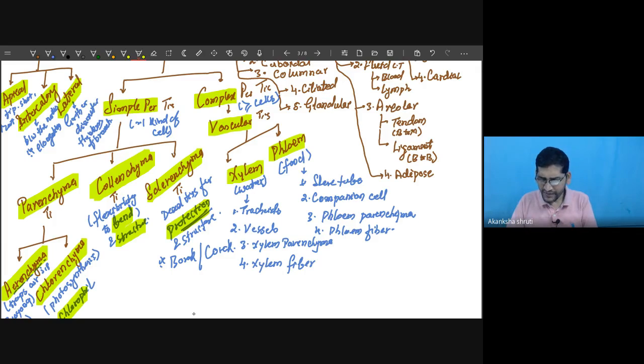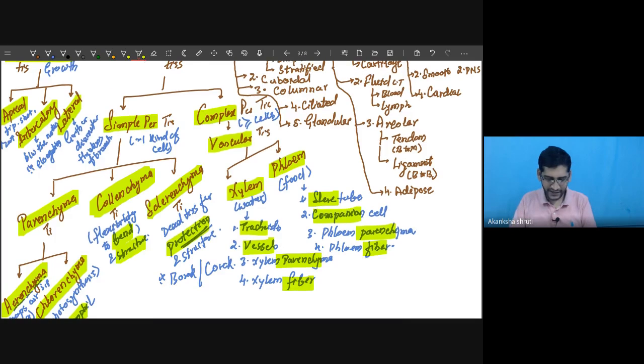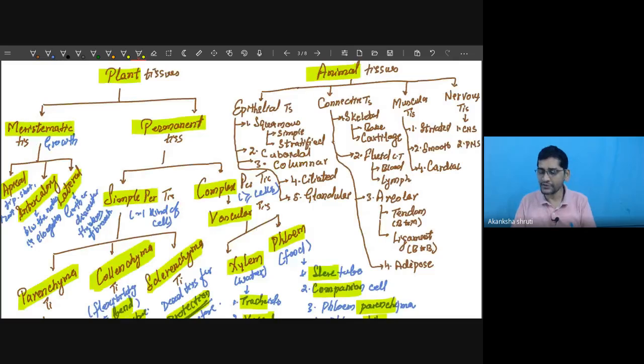So xylem consists of tracheids, vessels, xylem parenchyma, and xylem fiber. Phloem has sieve tube, companion cell, phloem parenchyma, and phloem fiber. So this is about the complex plant tissues. These things you have to keep in mind.